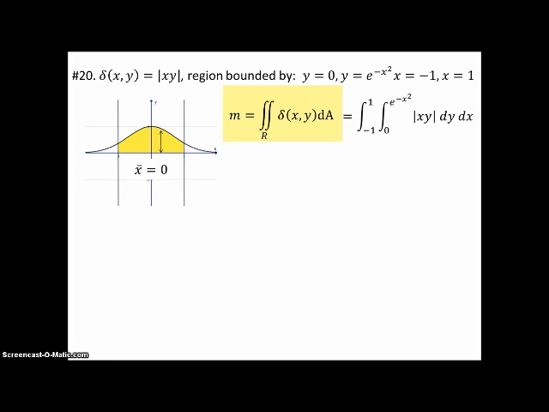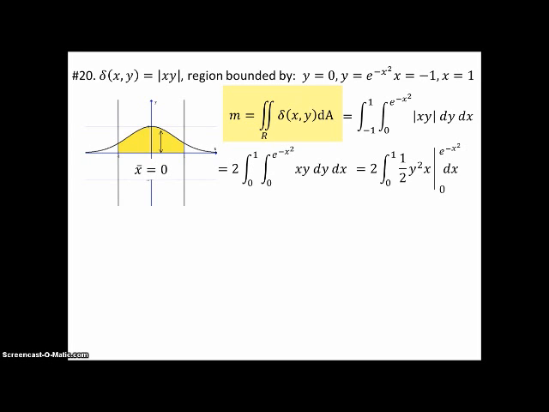So instead of worrying about the absolute value and the -1, I'm going to switch that off and make it twice the integral from 0 to 1 for x. And that way I can drop the absolute value because everything's positive. So now we're taking the antiderivative of xy with respect to y. That's going to be x times 1/2 y squared.